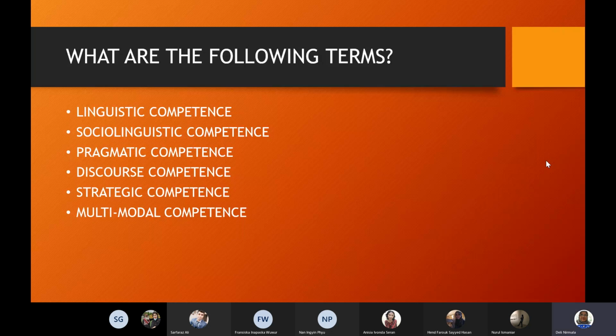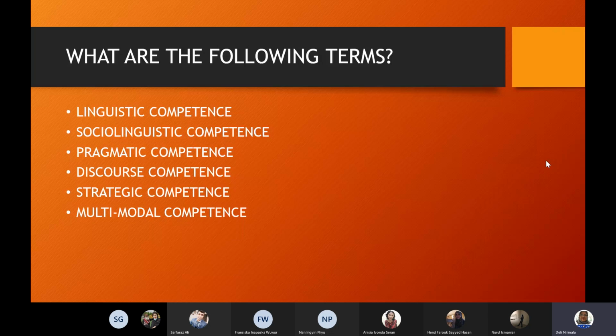So nowadays, when you are designing language teaching or a language program, you have to consider these 6 types of competence.